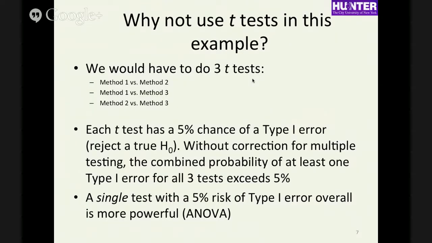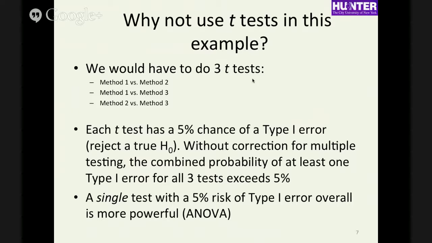So you could use t-tests, right? We've got 3 methods. You could compare method 1 versus 2, 1 versus 3, and 2 versus 3. You could just compare pairs of groups and see if any of them are different. You would have to keep in mind as you do that, that if you're using an alpha of 0.05, then in each of those tests, you've got a 5% chance of type 1 error.